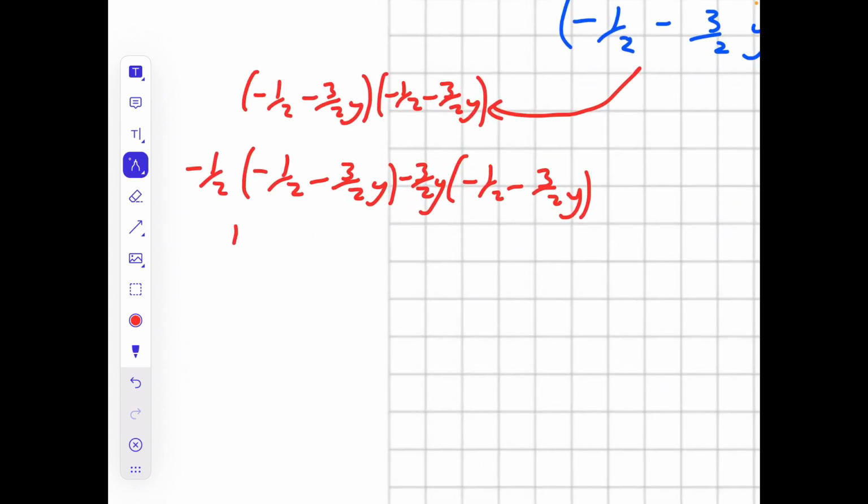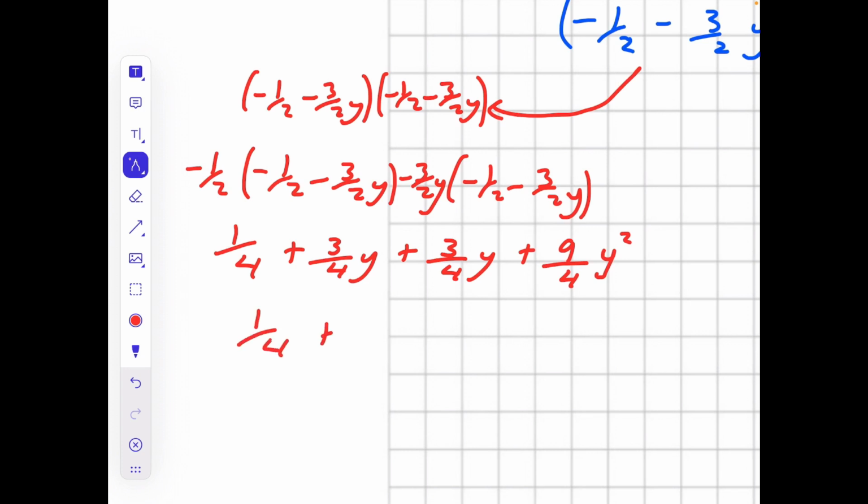Minus a half multiplied by minus a half is going to give me a quarter. Minus a half multiplied by minus 3 over 2 is going to give me positive 3 over 4 y. Then we have minus 3 over 2 multiplied by minus a half again, which will give me another 3 over 4 y. And then we have minus 3 over 2 multiplied by minus 3 over 2, which is going to give me plus 9 over 4 y squared.